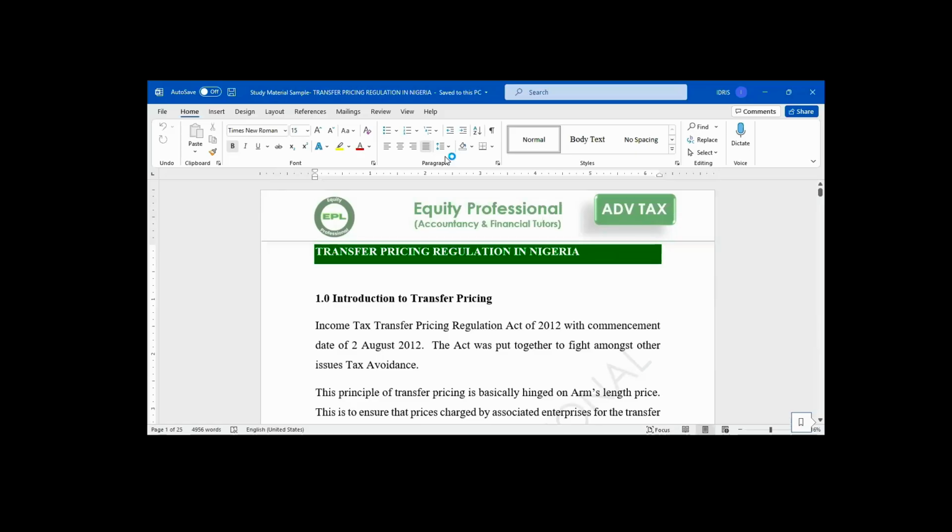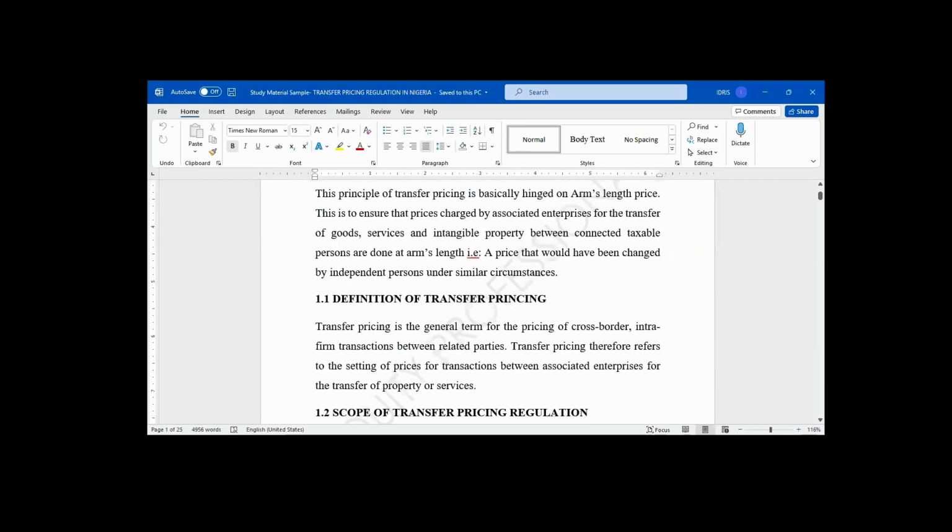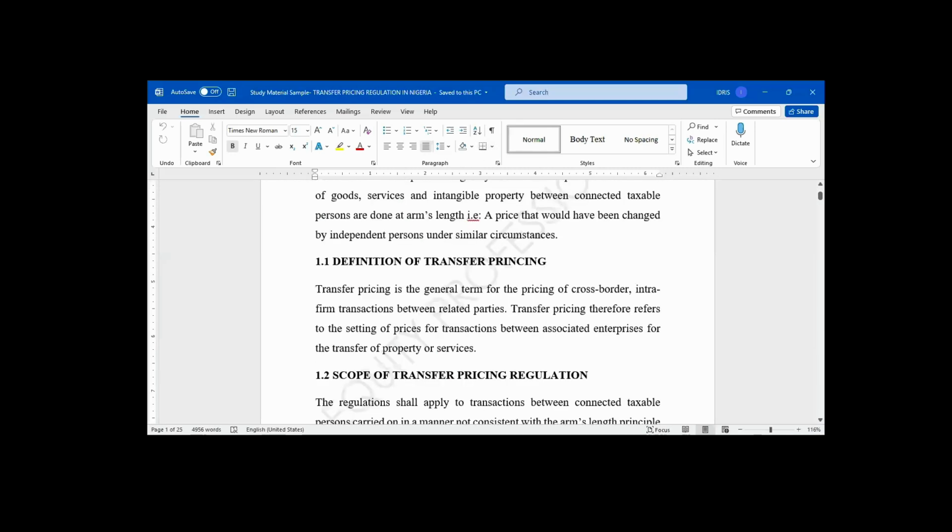So with this transfer pricing regulation, we start with what is transfer pricing. As we all know, transfer pricing means the price at which goods and services are transferred between interrelated parties, or the price set for transactions between associated entities.